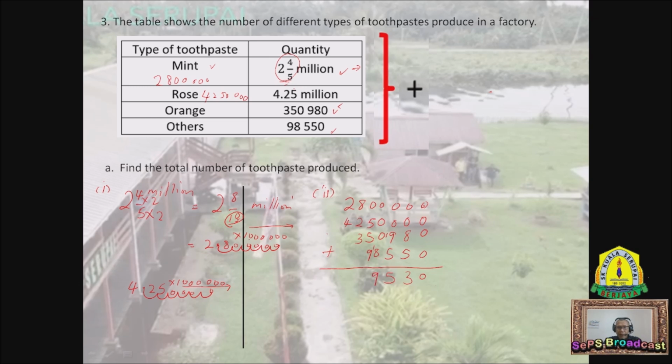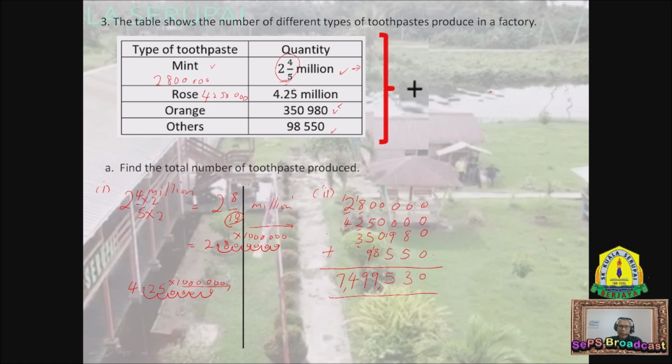How about this one? 5, 10, 19, you carry forward, one is 9, 11, 11 and 14. 14, carry forward, 3 plus 4 is 7. So you get your answer 7,499,503. That is your answer for the total number of toothpaste.